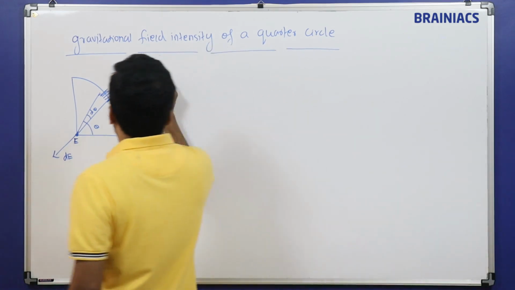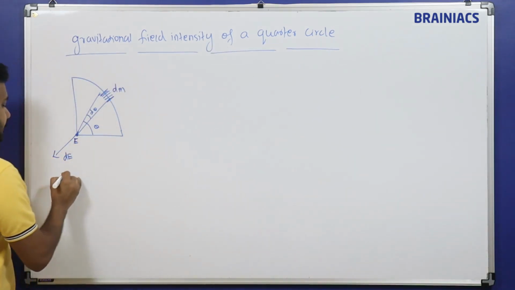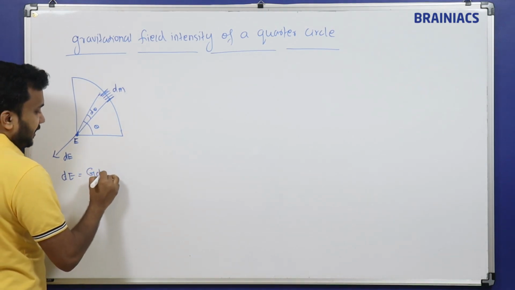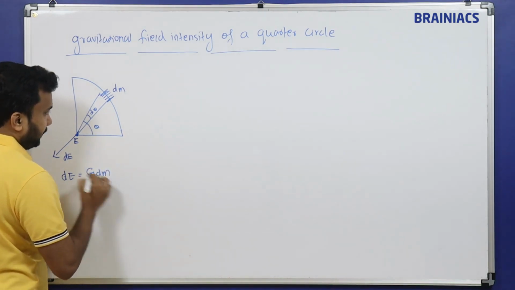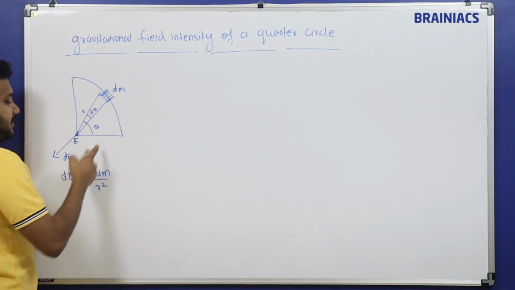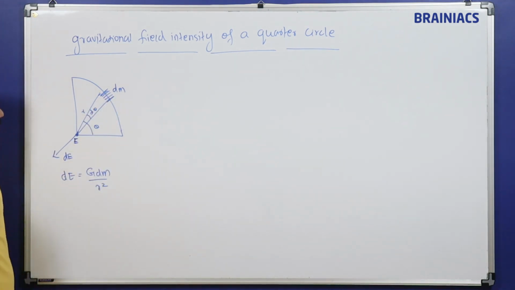Now we will write the formula for gravitational field intensity. dE is equal to G into dm divided by r square. r is this distance. So the gravitational field intensity due to the mass dm is given by G dm by r square.